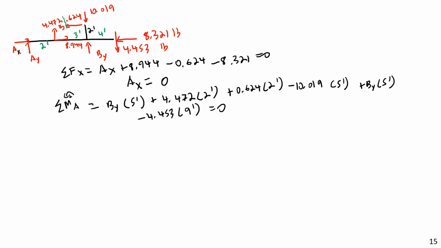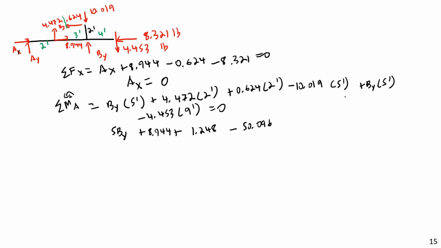Actually, I might do this in pieces, so it's a little bit simpler for you to follow along at home. 2 times 4.472, so I get 5BY plus 8.944, plus the 0.624 times 2 feet, that's going to be plus 1.248, and then minus the 10.019 times the moment arm length of 5 feet, minus 50.096.